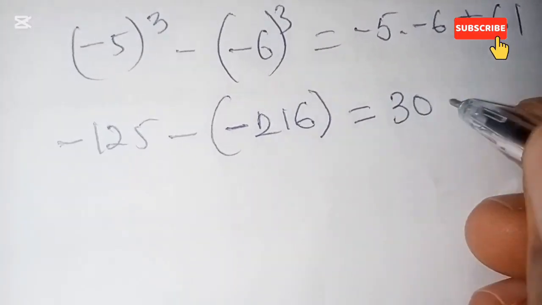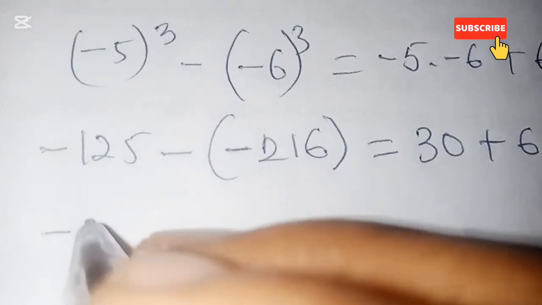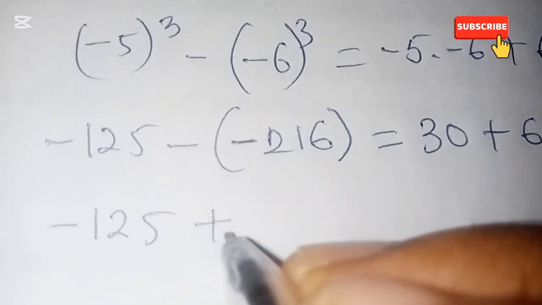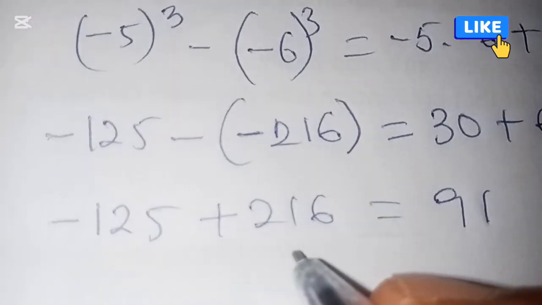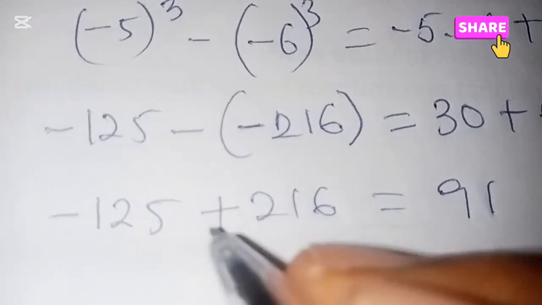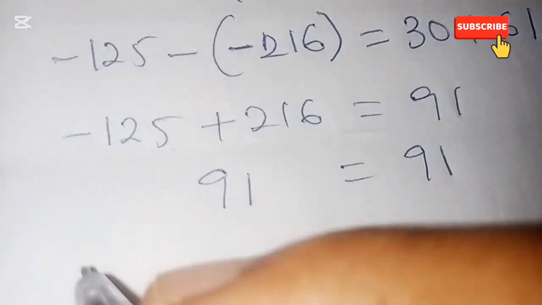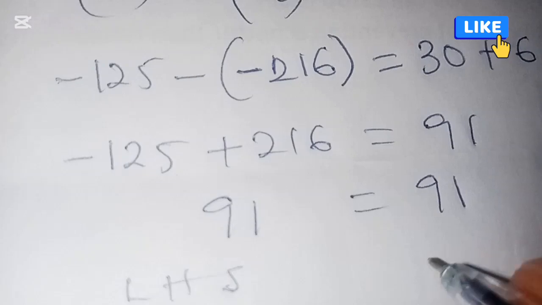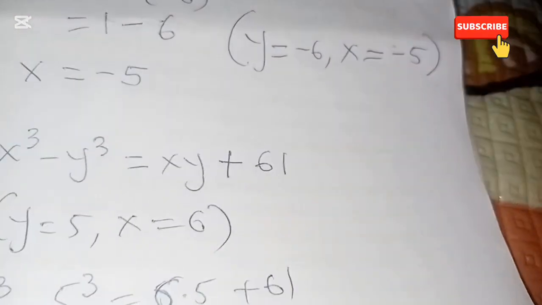This will give us 30 plus 61. So this gives us minus 125 plus 216. This gives us 91. So when we subtract, 216 minus 125, we'll have 91 equals 91. So left hand side equals right hand side. These also satisfy the equation.